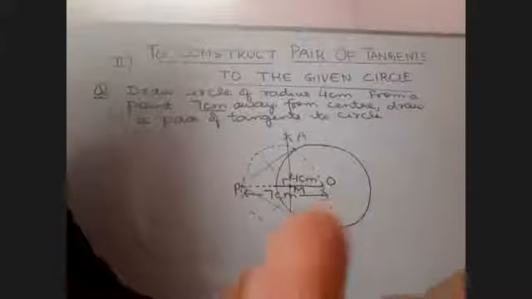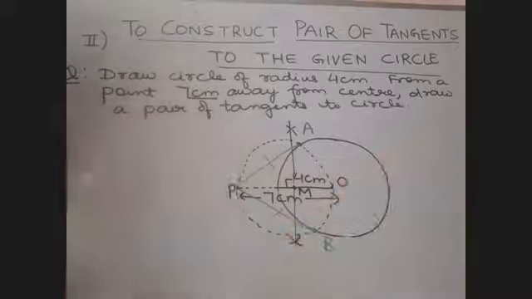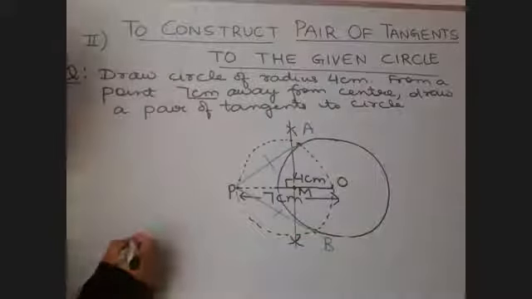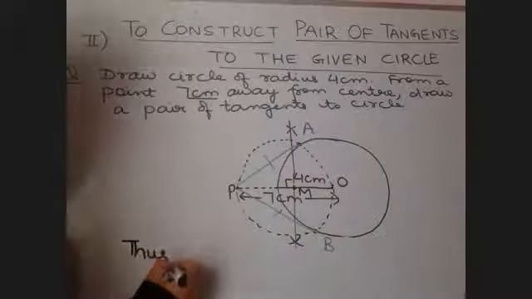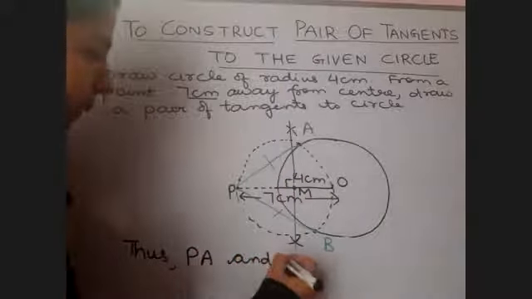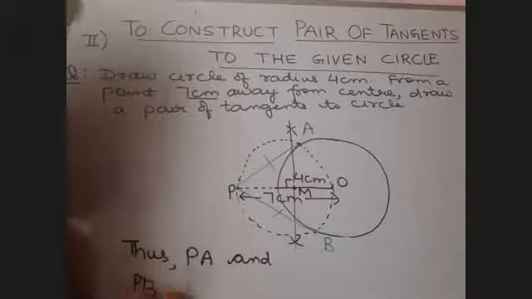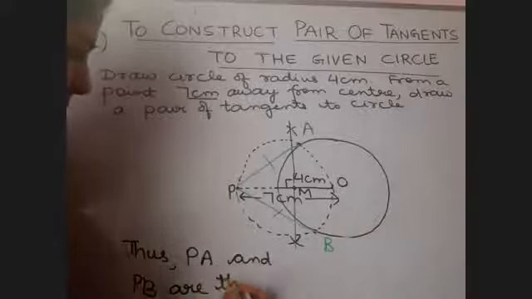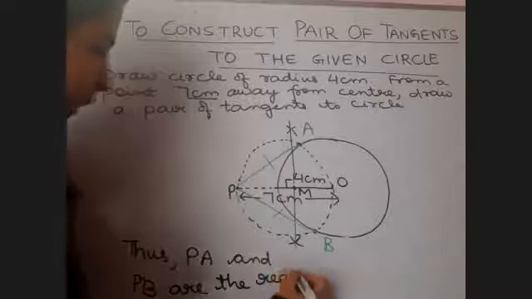This is a statement you need to write. Nothing more than this you need to write. Thus, PA and PB are the required tangents.